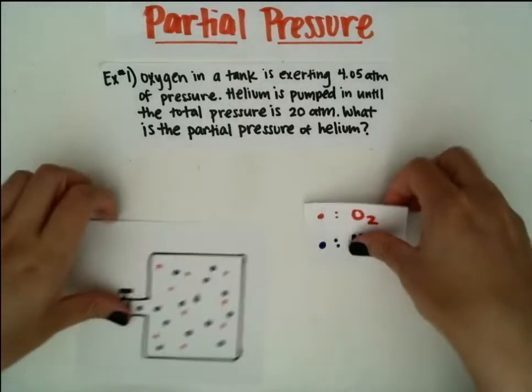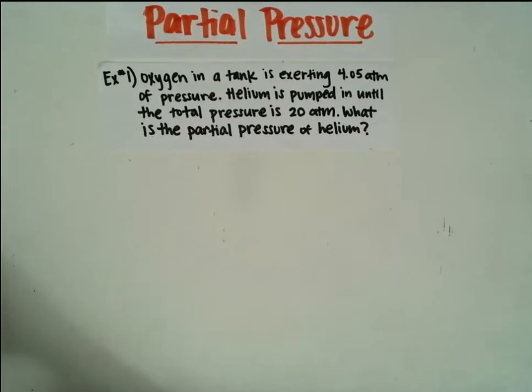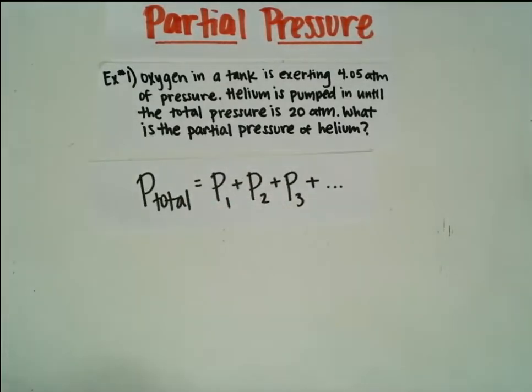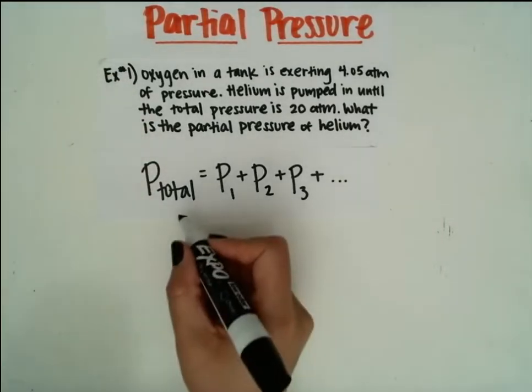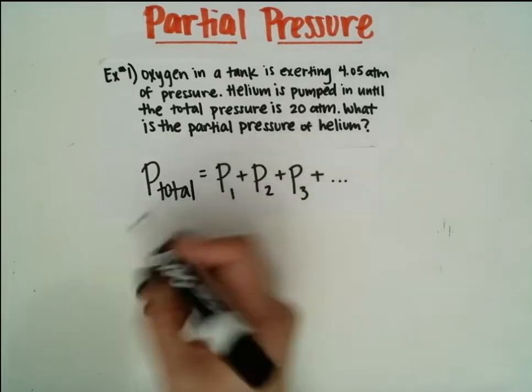Okay, so remember our formula. The total pressure is equal to all of the partial pressures combined. So in this particular case, we have the total pressure, which is 20 atm.